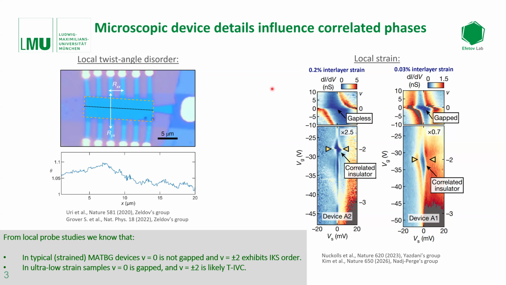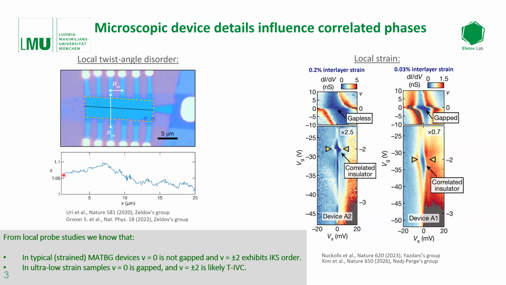And just what is twist angle disorder? For example, this is a map of a local twist angle that has been performed by the group of Eli Zeldov on one of our devices. They were extracting the twist angle and the position of the band insulator densities along a line like this over the device, which scales over a period of something like 20 micrometers.